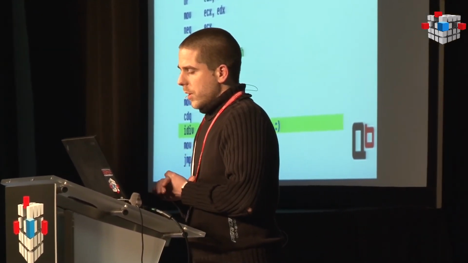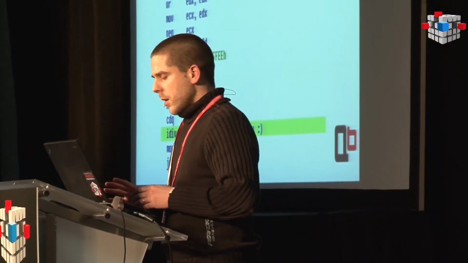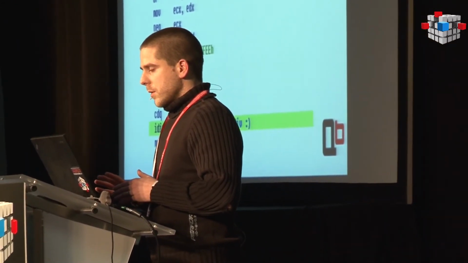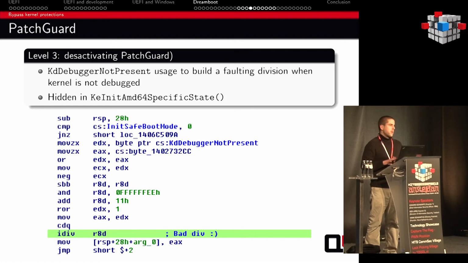In fact, when the kernel is not debugged, the division fails, an exception is launched, and next caught, and it launches the PatchGuard initialization process. So we just have to patch in this function this boolean to let the kernel know it's debugged.